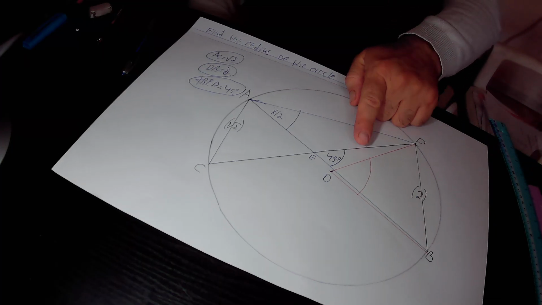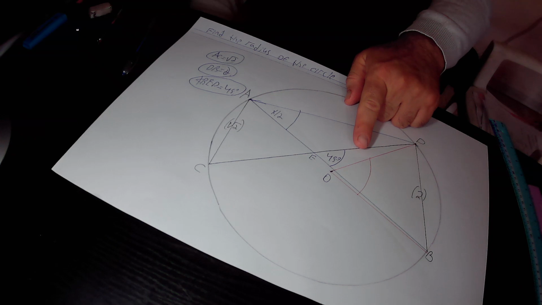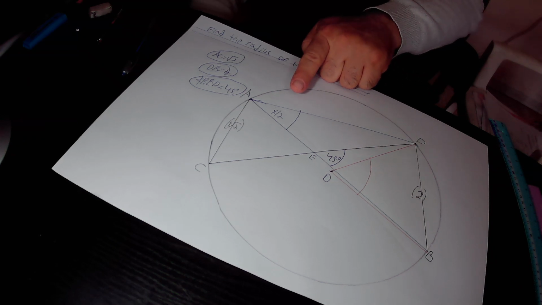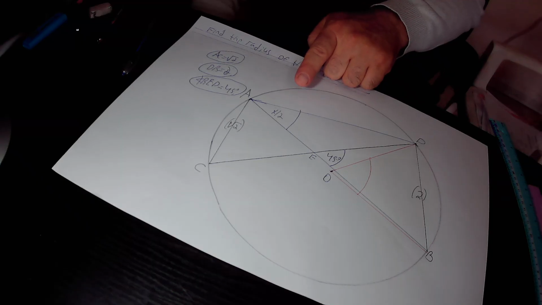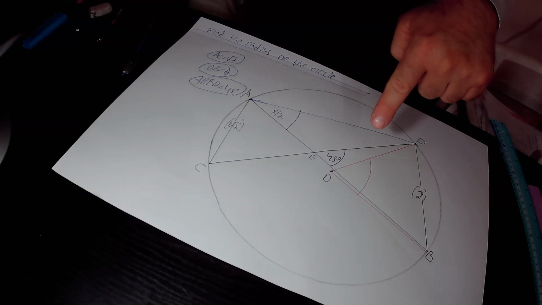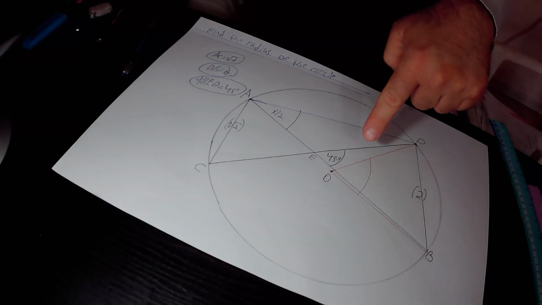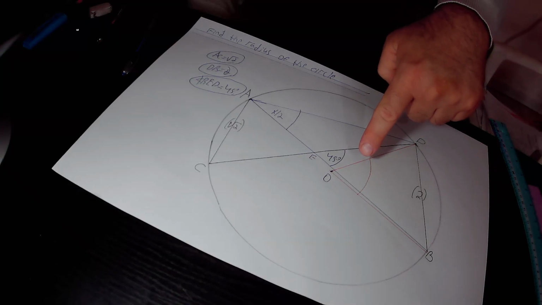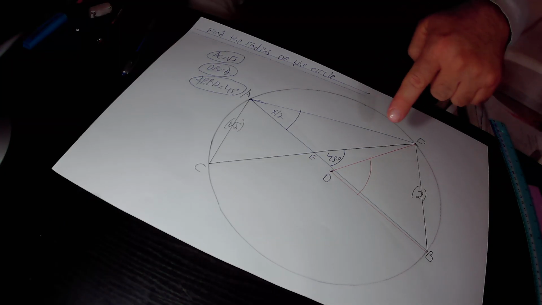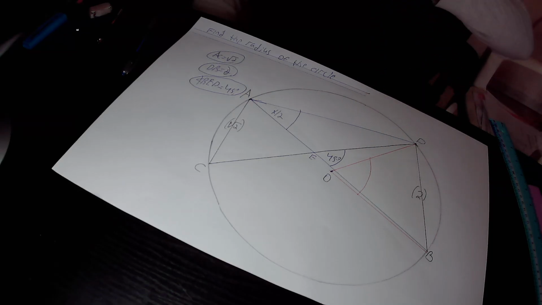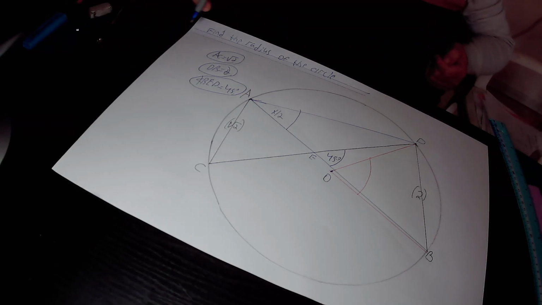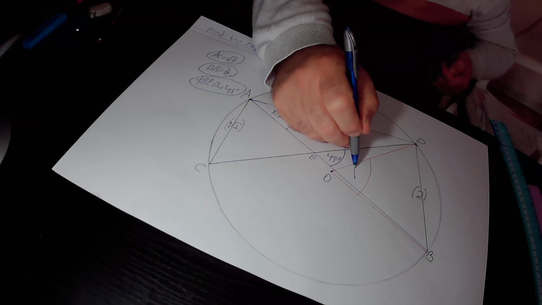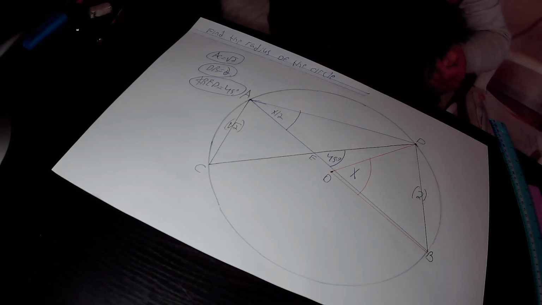Therefore, the size of this center angle must be twice as large as the size of peripheral angle BAD. The size of this peripheral angle is x over 2, therefore the size of central angle BOD that subtends on the same chord BD must be equal to x, according to rule 13.